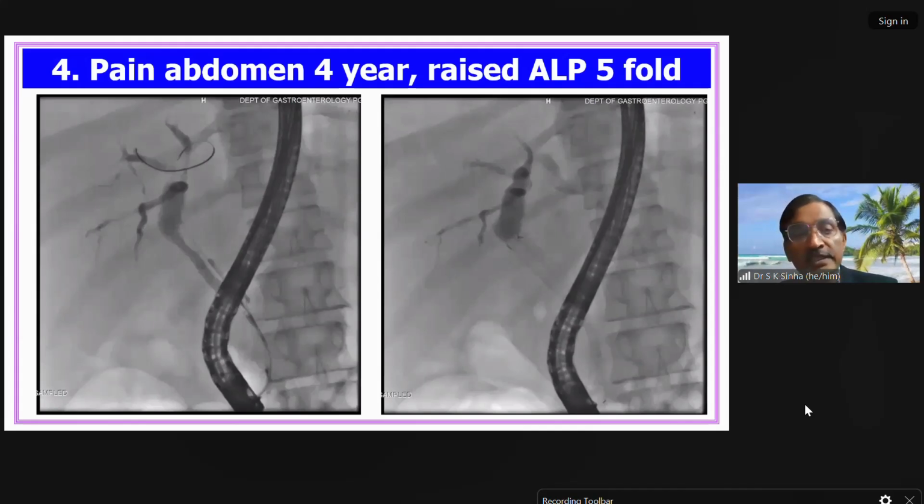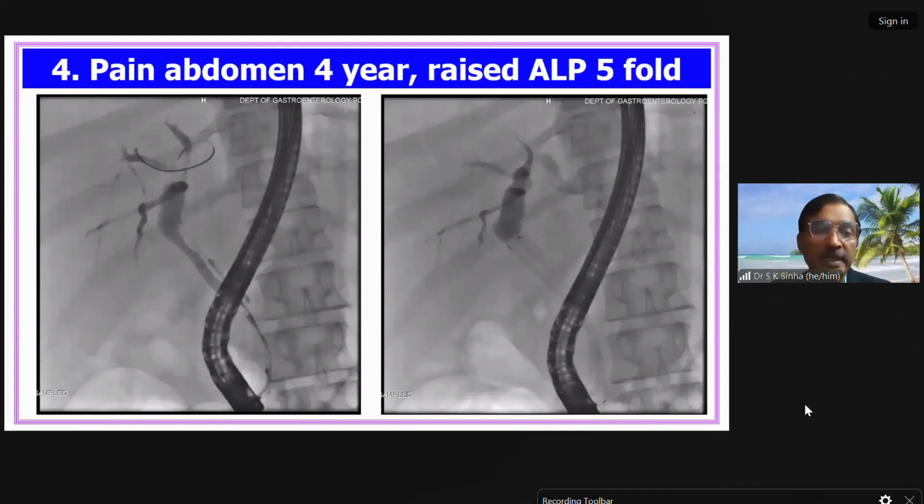So the second step of opening is very gradual, and it may take up to 72 hours. So if you see narrowing like this, you don't immediately jump and go with the balloon dilatation. You wait for 72 hours, and most of the time the stent will open up in 72 hours. If it doesn't open, only then we go ahead a second time and do the balloon dilatation.